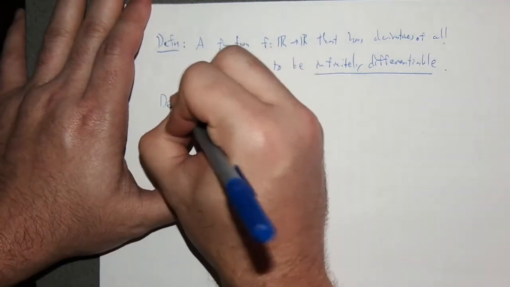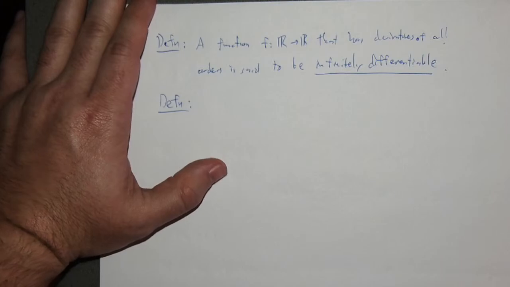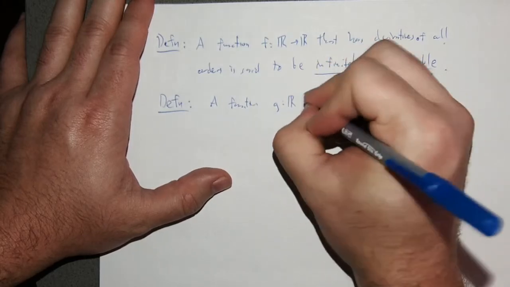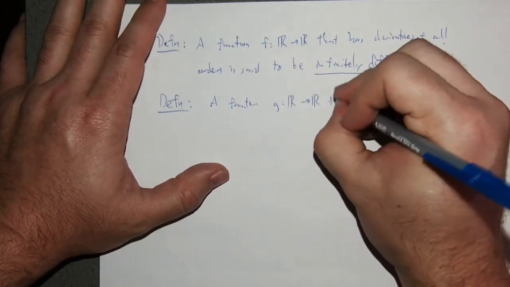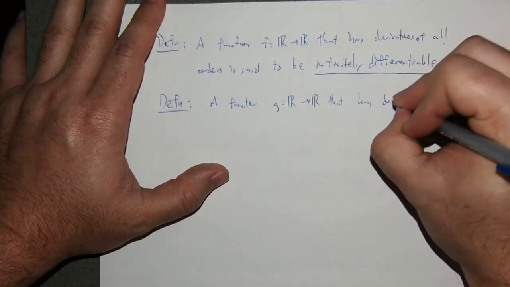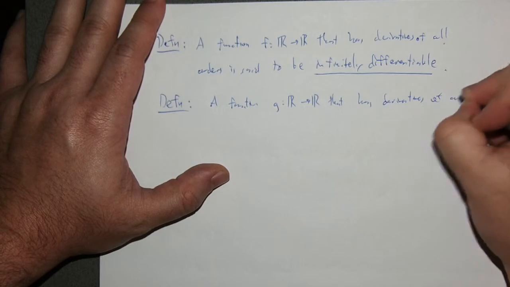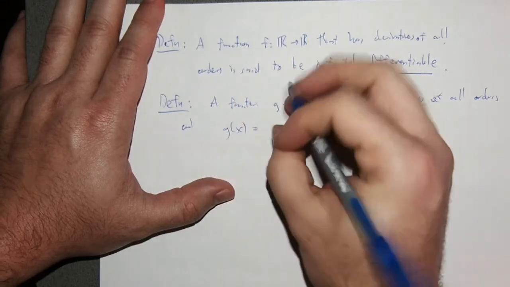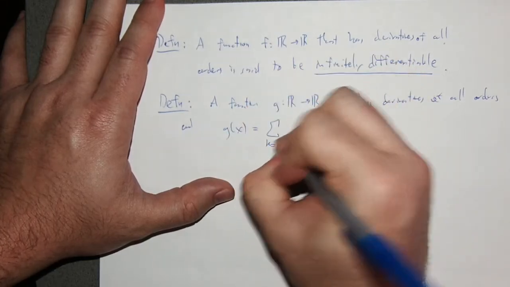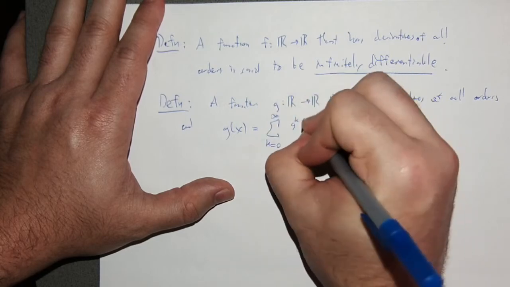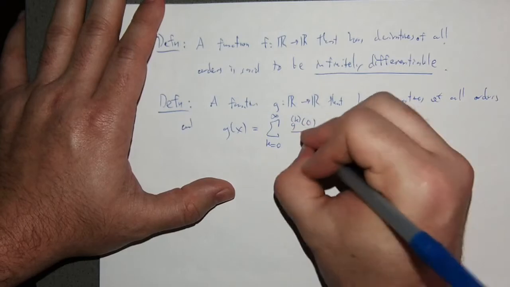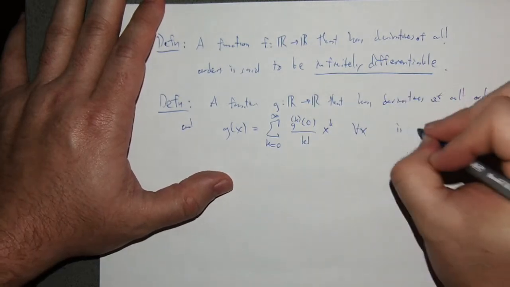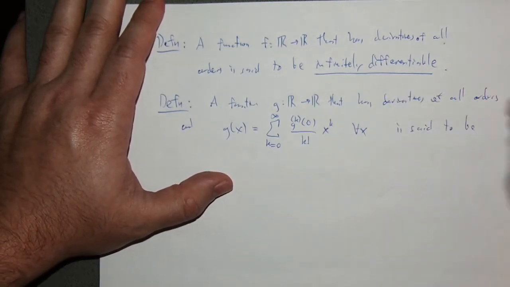Another definition: a function, say g from R to R, that has derivatives of all orders, and g of x is equal to the sum from k equals 0 to infinity of the kth derivative of g at 0 over k factorial times x to the k for all x, is said to be analytic.